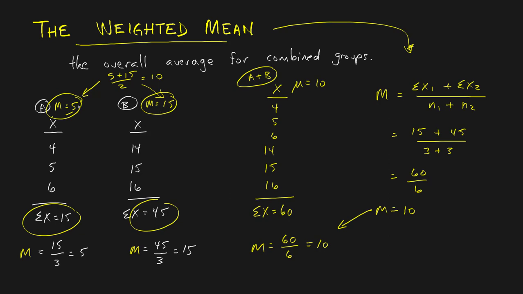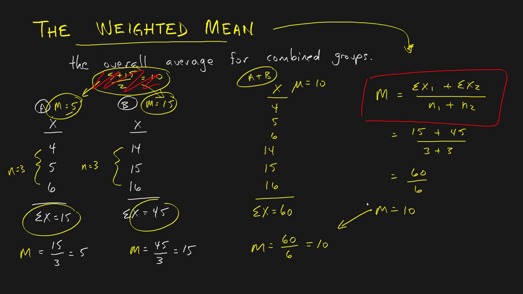It only works in this situation because we have 3 people in this group and 3 people in the second group. We have equal sample sizes. So if you have equal sample sizes, you can get away with just taking the average of the 2 averages. But if we had more people in group 1 or group 2, that would have made this answer definitely come out wrong. It wouldn't have matched what we get using this formula.